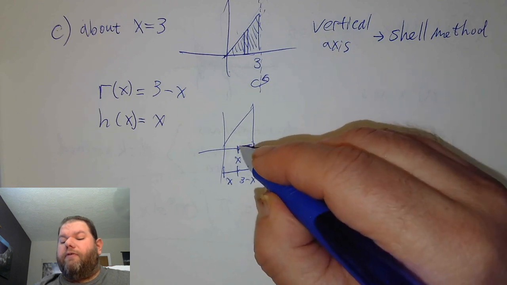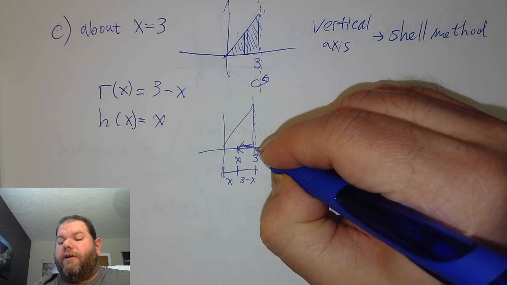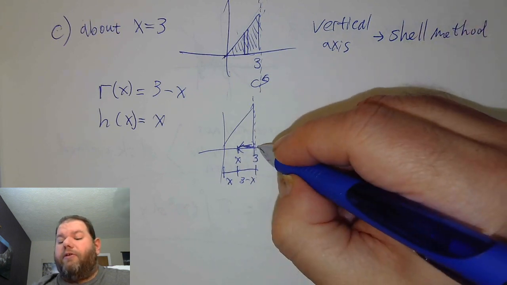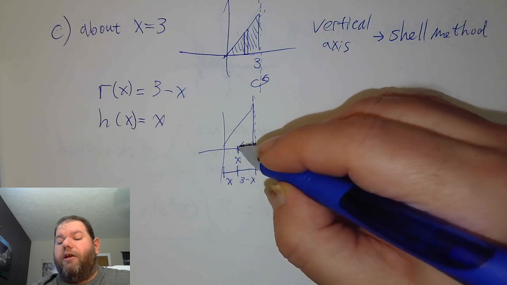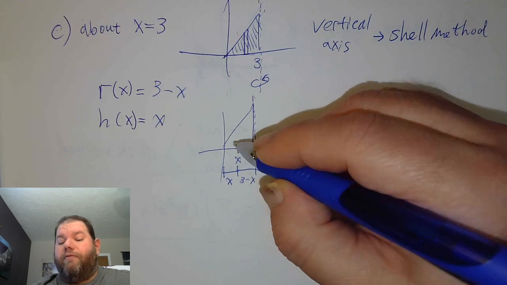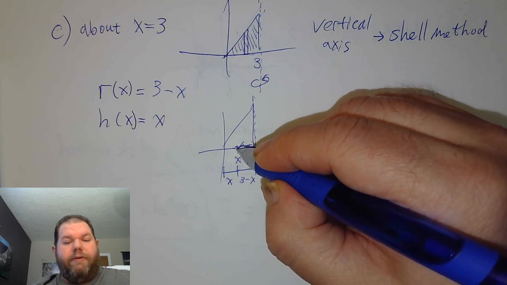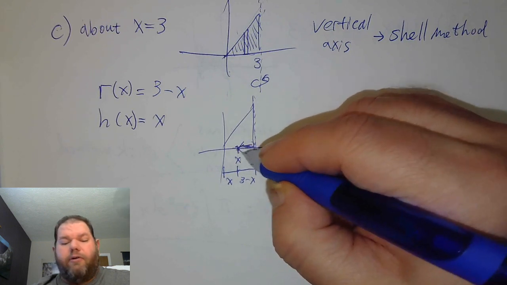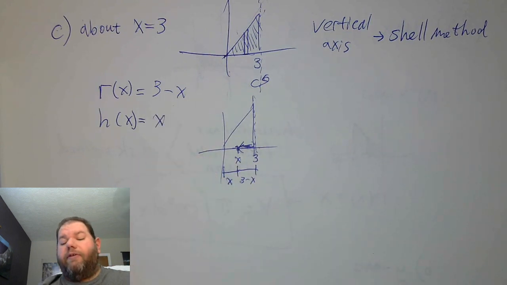This is how far it is from the axis of revolution if it's on this right-hand side. So we want the difference between the axis and each of our data points, which if we pick a data point here, then it's always 3 minus whatever that value is. That's how far away those two are from each other. And that's why we pick 3 minus x as our radius function.